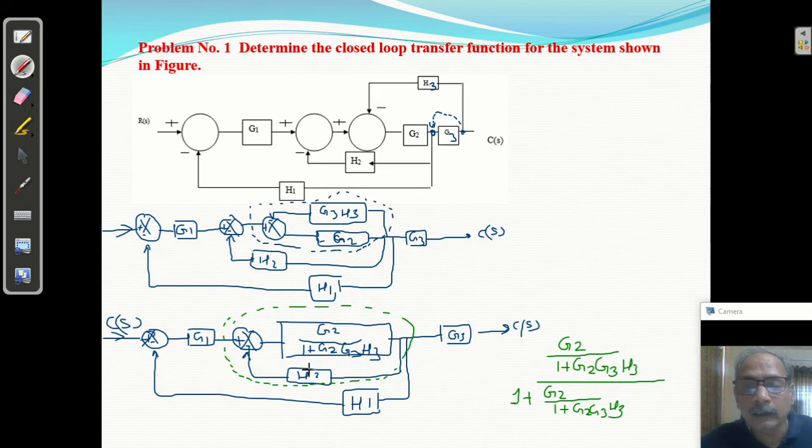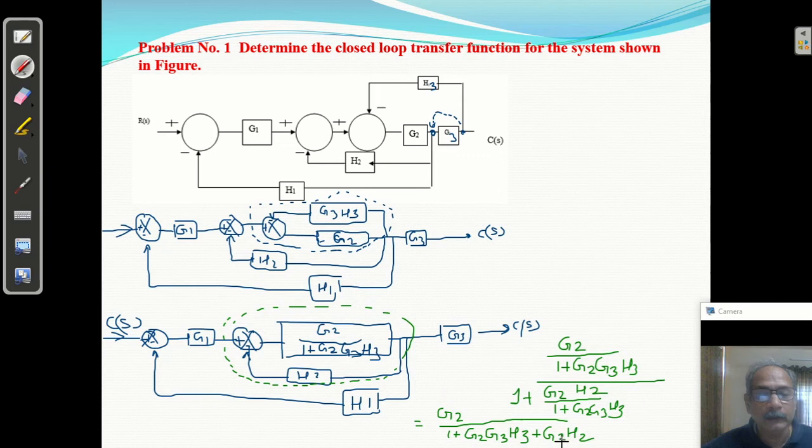What is HS? HS is H2. After taking the LCM here, this will be cancelled. So you will get G2 upon 1 plus G2 G3 H3 plus G2 H2.